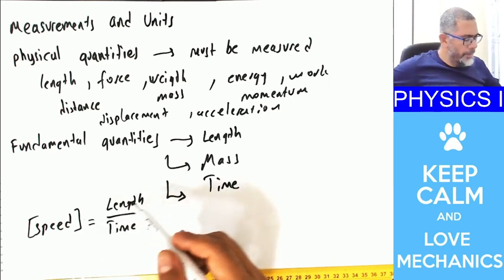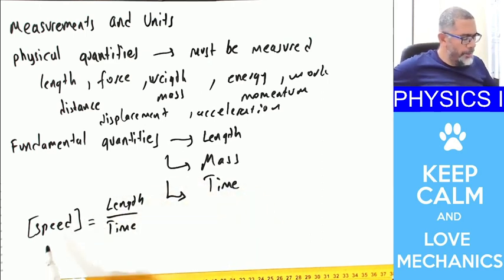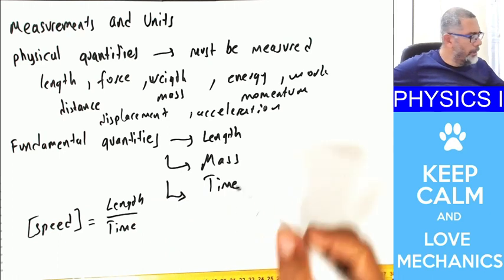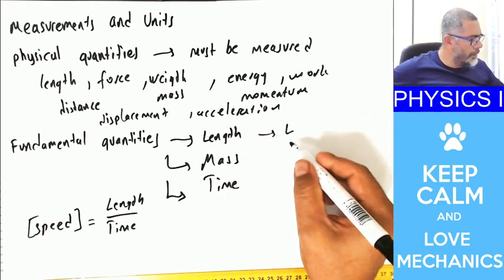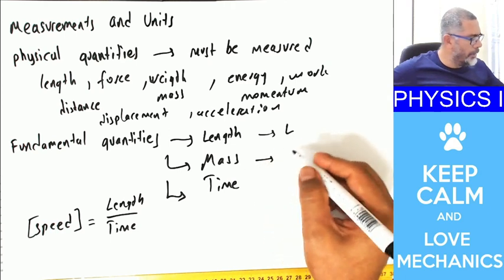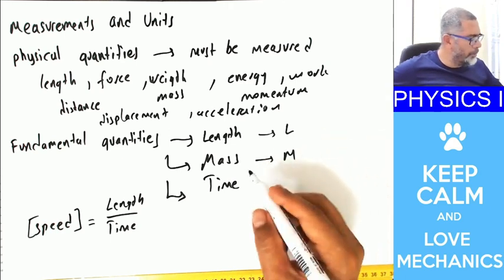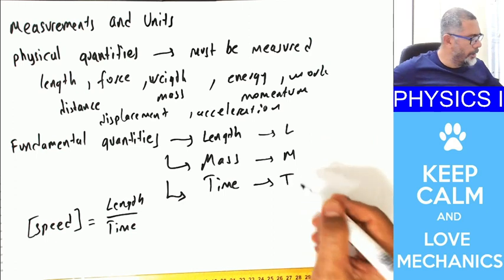So you see, speed is just length divided by time. Let me also give a short way of writing this. Let's take capital L to be length, capital M to be mass, and capital T to be time.